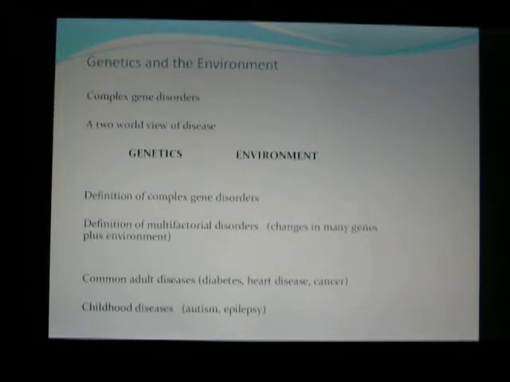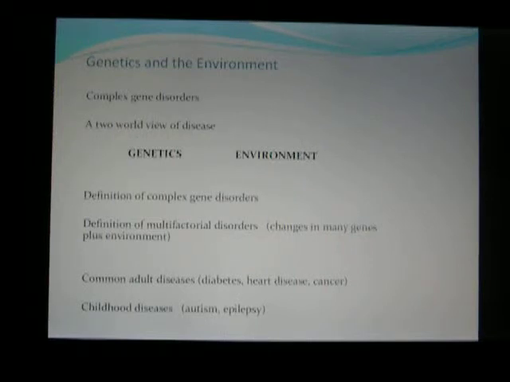Genetics and the environment. When talking about genetics and disease, another big area here is complex gene disorders. Common diseases like diabetes and high blood pressure are due to interactions of many genes. We will find out that some common diseases are due to changes in a small number of genes, whereas other diseases are due to changes in many genes, or dozens or maybe even hundreds of genes.